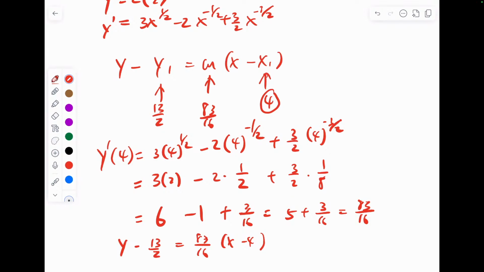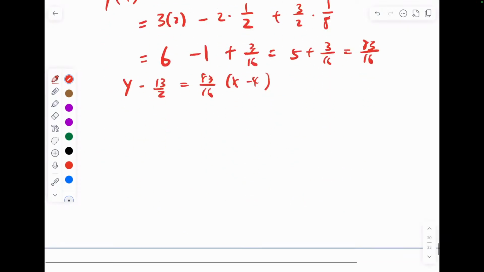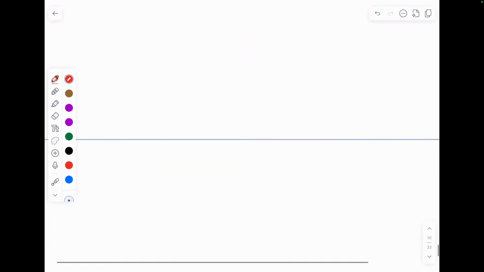Good. Yes, number 5. What does number 5 say? H approaches 0 or x approaches 0?